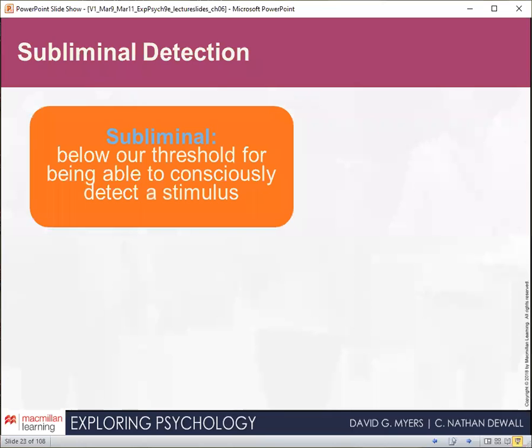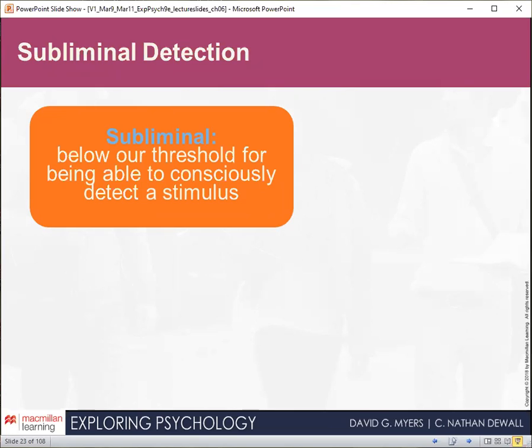All right, the next topic is one that you may have heard of before, and it is called subliminal. Below our threshold for being able to consciously detect the stimulus. And we referred to it just a few slides ago, okay? Subliminal is something that is being presented to you that you are not aware of.